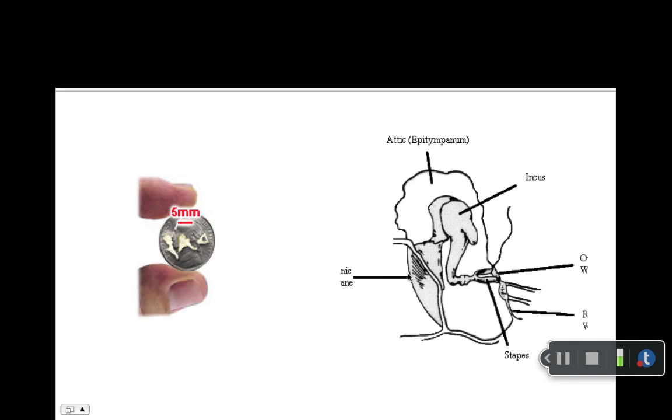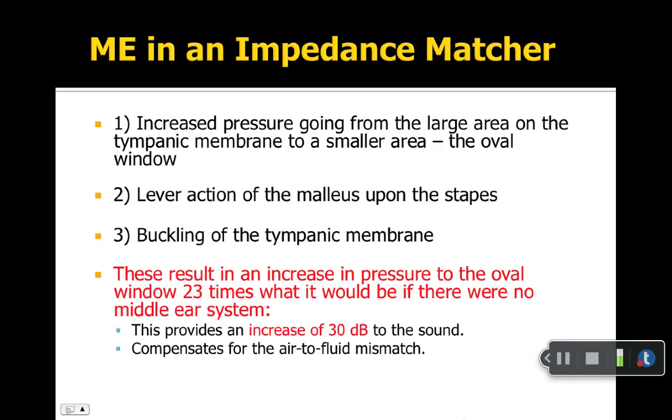So if you remember from hearing science, we have a force coming on this tympanic membrane, this big area that's being transferred to this smaller area. So a hammer to a nail, right? A big area to a small area. We have an increased amount of force. That's one way the sounds get amplified, the area difference.